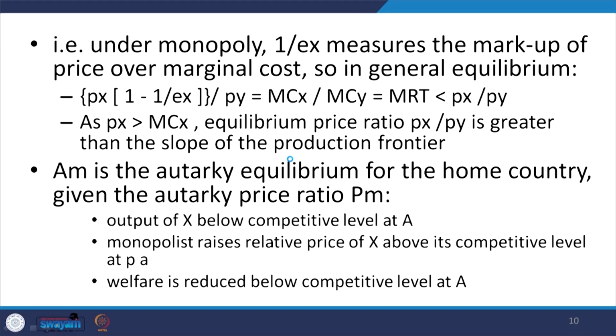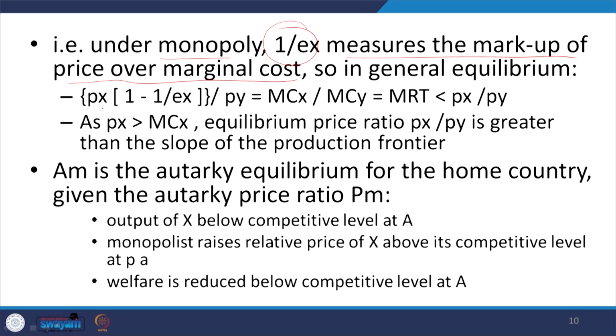But if there is monopoly power attached in the market, those firms are able to minimize their cost of production and may claim a certain extent of monopoly in the market. Their prices are now different. This is mentioned here, and we will interpret it. Under monopoly, the inverse elasticity function measures the markup of price over marginal cost, because the marginal cost differs from firm to firm.